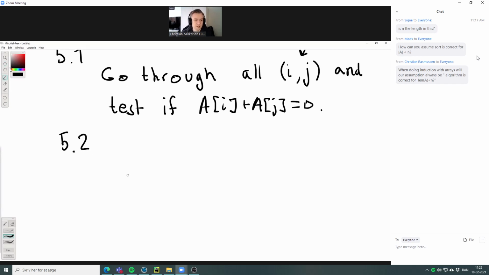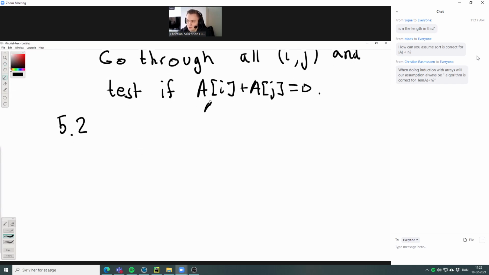Now we have to give an algorithm that finds whether or not A has a 2-sum in n log n time. And it says here in the hint, use a binary search. So what exactly is meant by that? Well, if we rewrite this equation, we get that a of j must be equal to minus a of i.